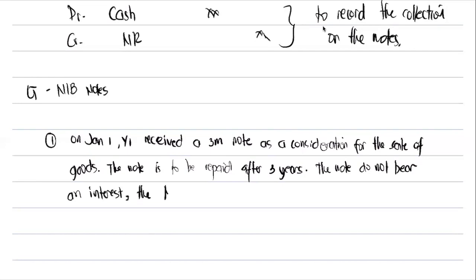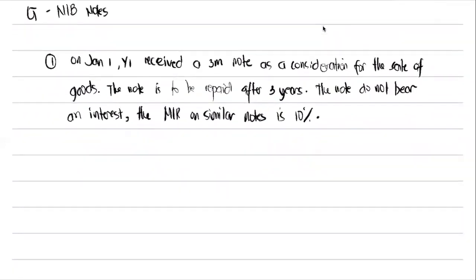The market interest rate on similar notes is 10%. Okay, so on January 1, year 1, receive a 3 million note as a consideration for the sale of goods. The note is to be repaid after 3 years. The note does not bear an interest. The market interest rate on similar notes is 10%.